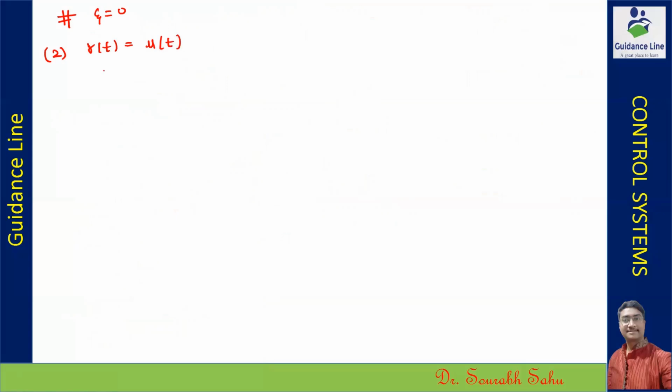So again we have an expression for C(s) by R(s) for zeta equals 0, which is nothing but omega n square over s square plus omega n square. When I convert it into the Laplace or frequency domain, you can see we have a value of 1 by s over here.